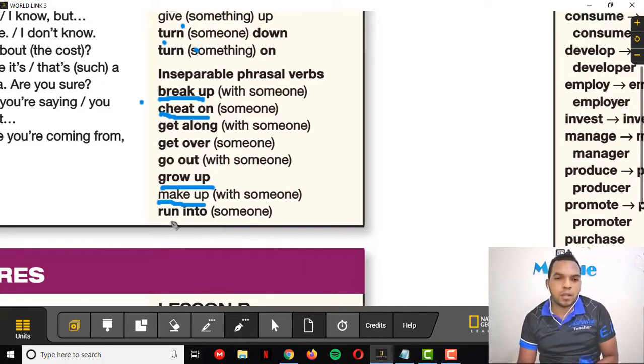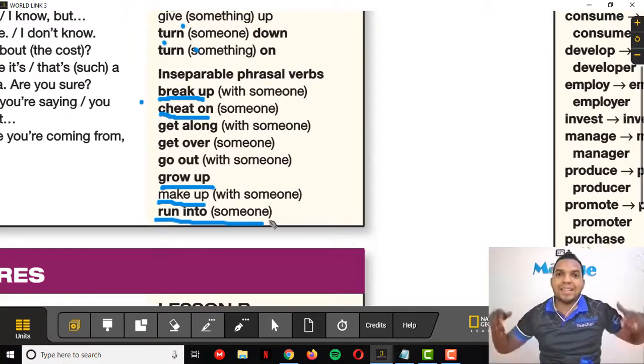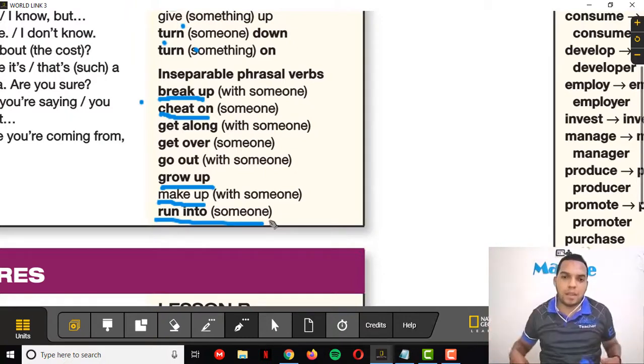And run into someone is when two people are walking in the street, for example, and they run into each other, like they say, right? So they see each other at the same time, and they say, "Oh."